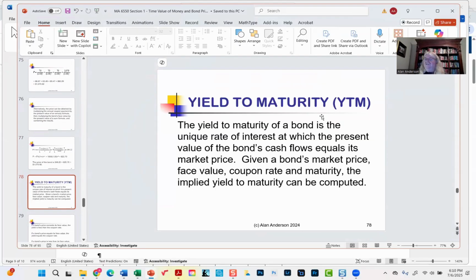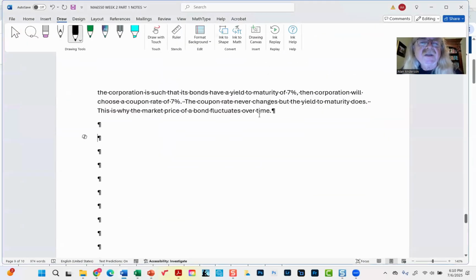Now, this is where it gets interesting. By the way, we didn't get to this point yet, but suppose you took a bond and recalculated its price with different yields to maturity.